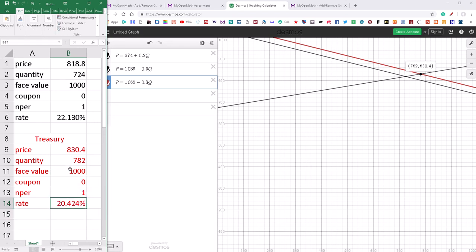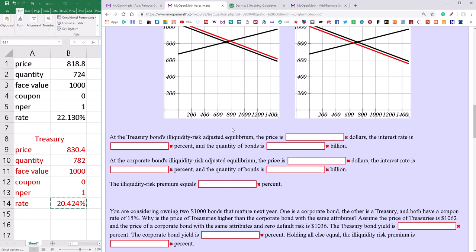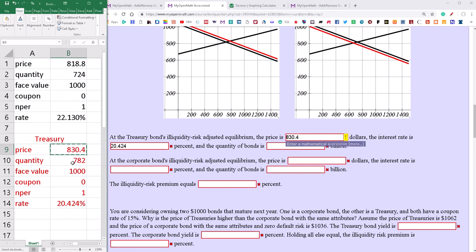So the yield to maturity went down, the interest rate went down, because the price got bid up a little bit, right? So for the treasury, the yield is 20.424%. The price got bid up because people are willing to pay a little extra for that liquidity, just in case there's an emergency and they have to liquidate their assets.